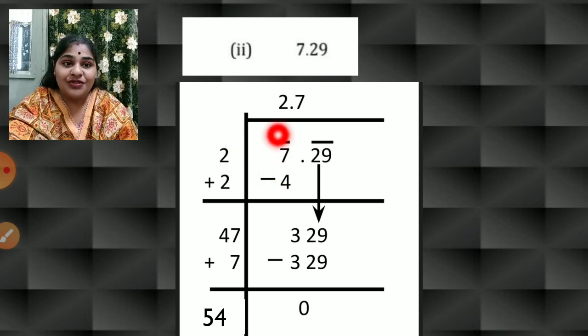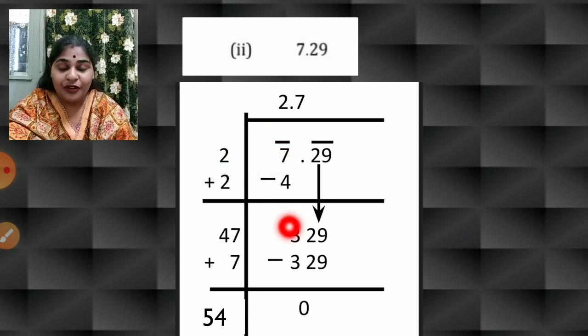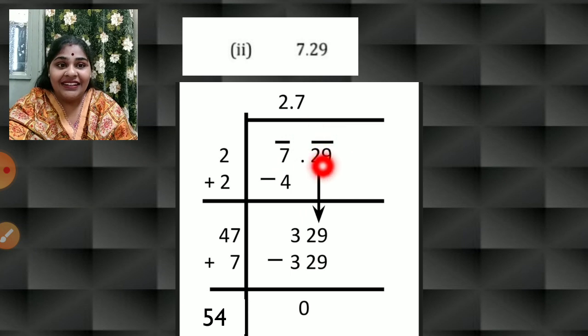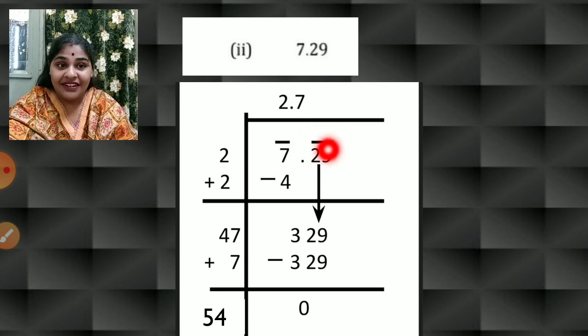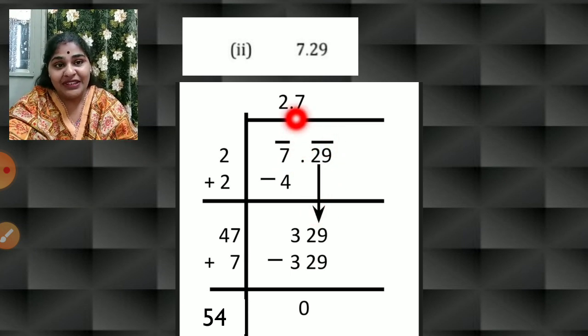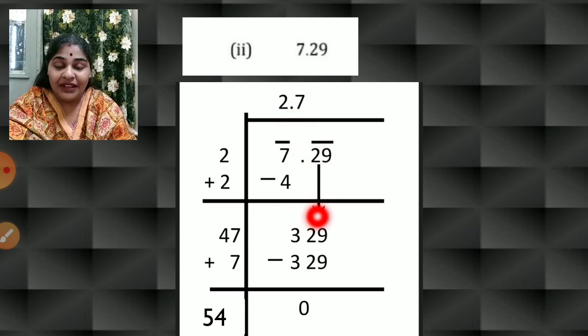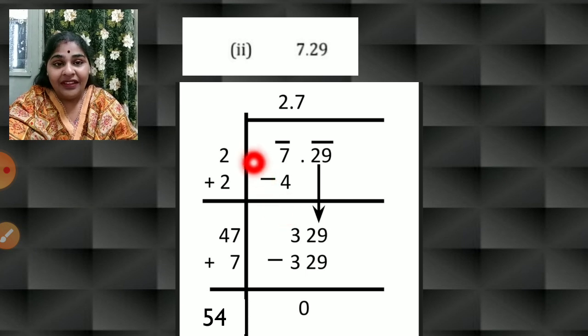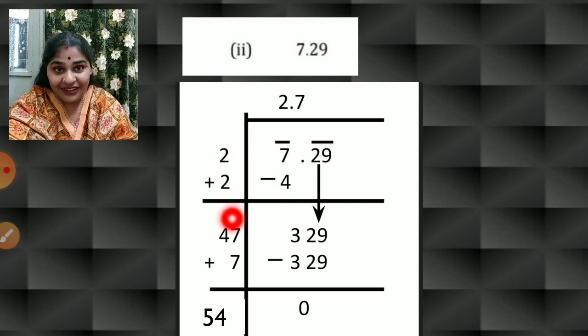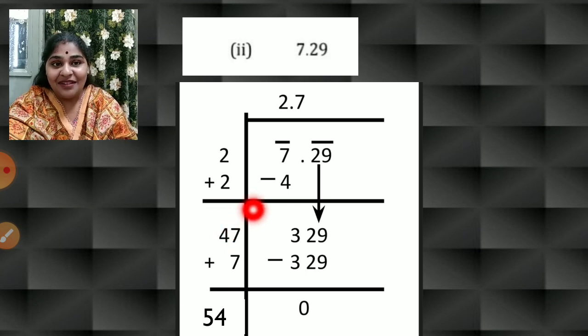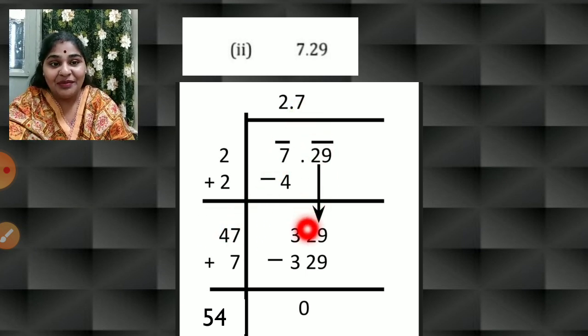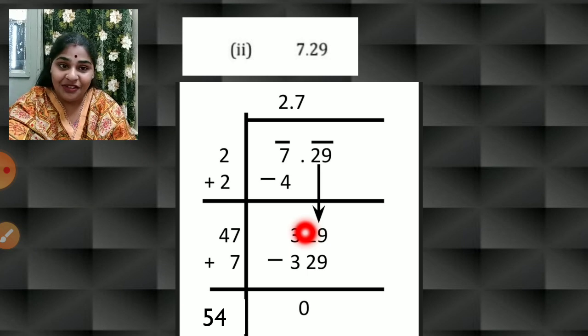So 2 2s are 4, 7 minus 4 will be 3, and this next pair, that is the decimal pair, is coming down. So immediately I'll put a decimal over here. So 29 comes down, the number becomes 329. Here 2 plus 2 will be 4, and now after 4 I have to take such a number that this number multiplied by that number should be equal to or less than 329.